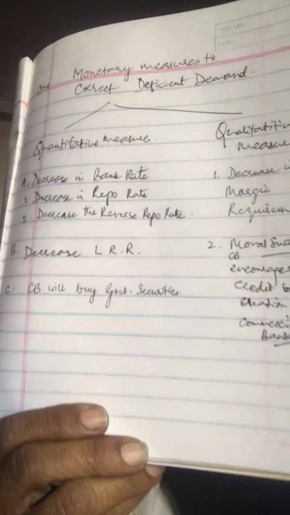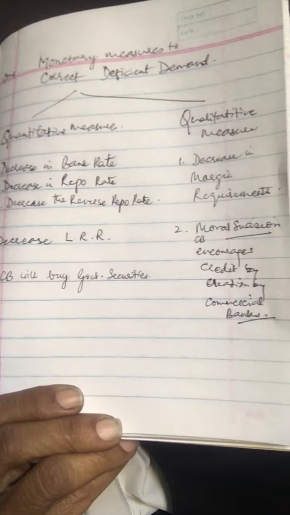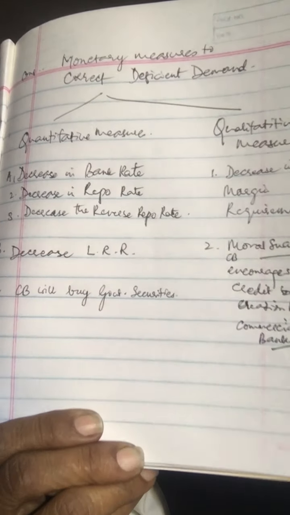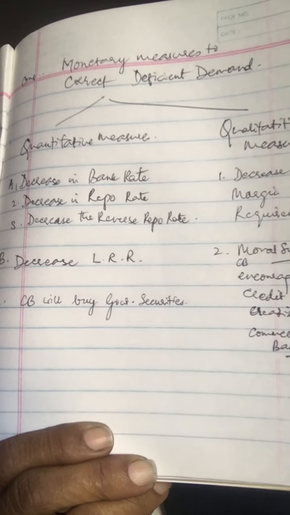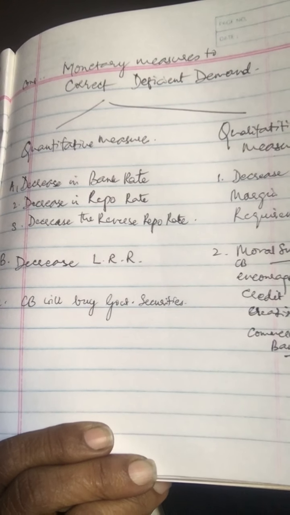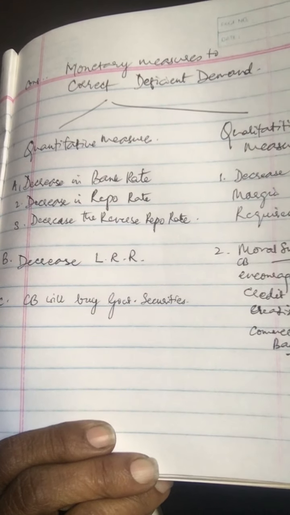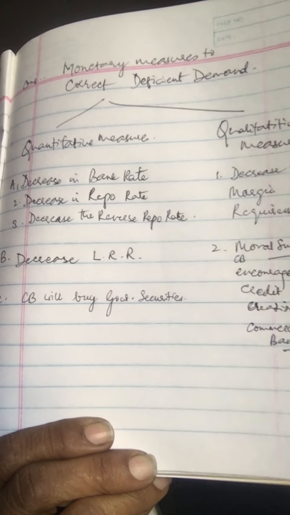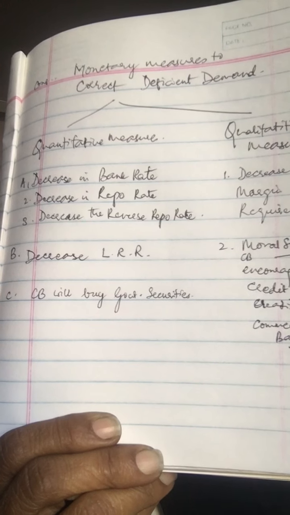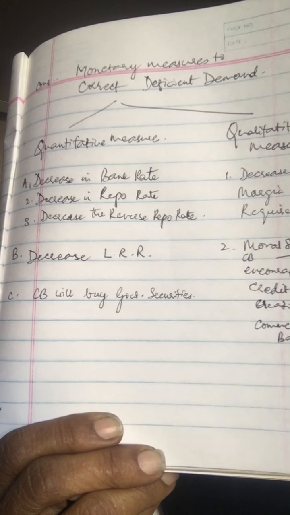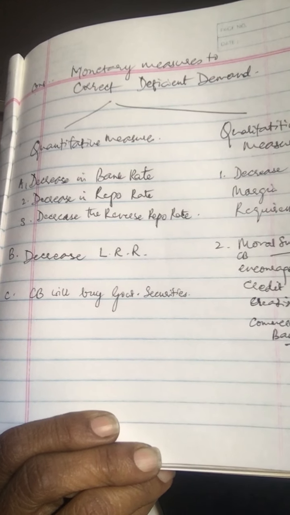And now we have what is known as open market operations. Open market operations refer to the sale and purchase of government securities by the central bank to the public, including banks. So the central bank can correct the situation of deficient demand by purchasing government securities from the market.